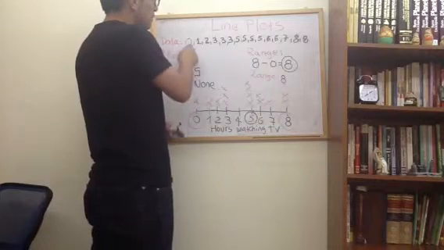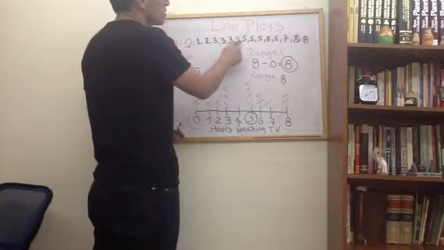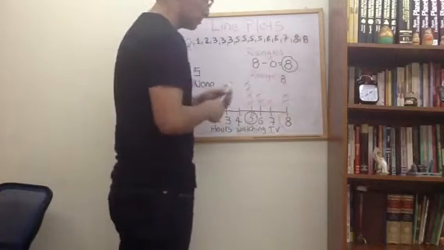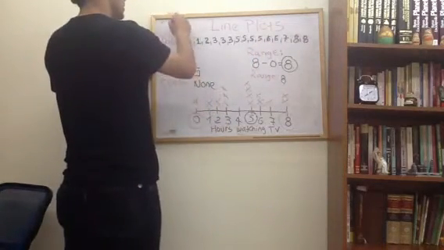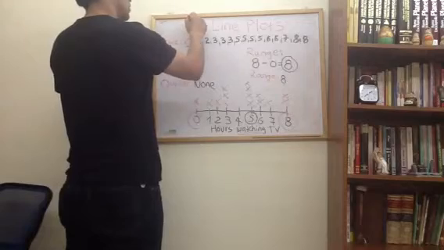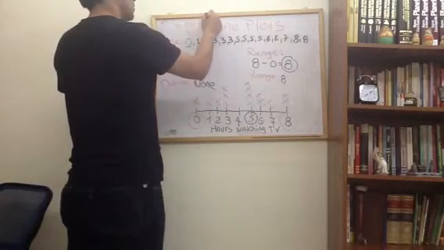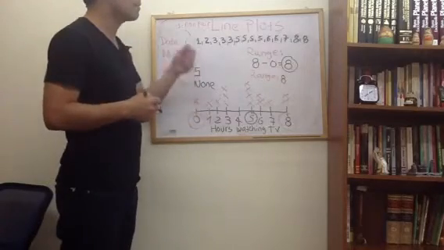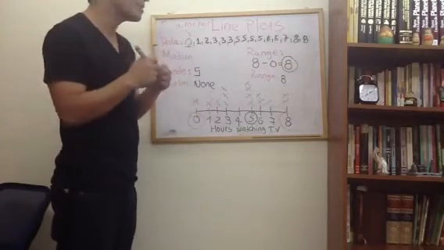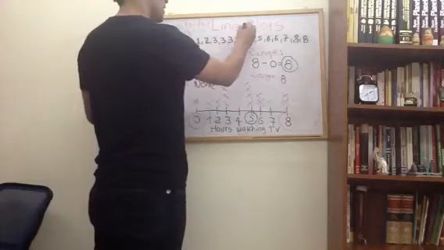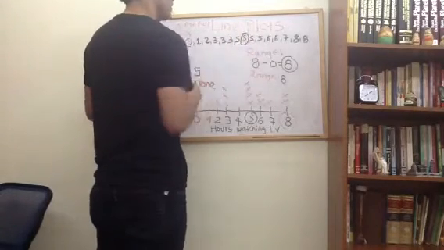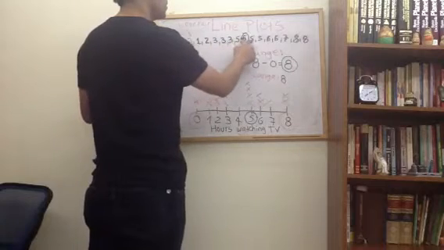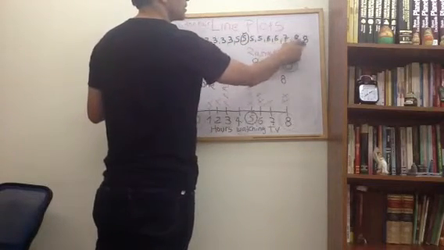Here we have the data, which is already organized from the lowest to the greatest. If we count, we have 1, 2, 3, 4, 5, 6, 7, 8, 9, 10, 11, 12, 13, 14, 15. And 15 is an odd number. So in that case, we just have to find the number in the middle, which in this case is 5. 1, 2, 3, 4, 5, 6, 7. 1, 2, 3, 4, 5, 6, 7.